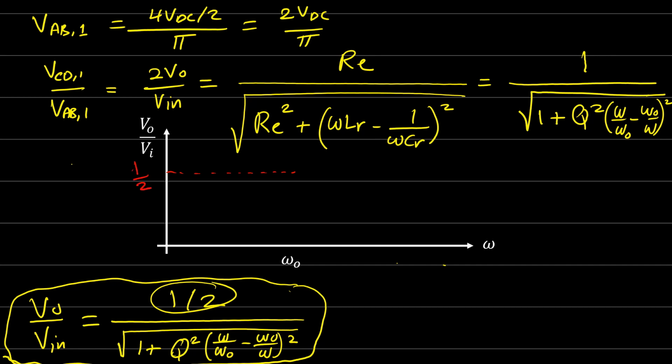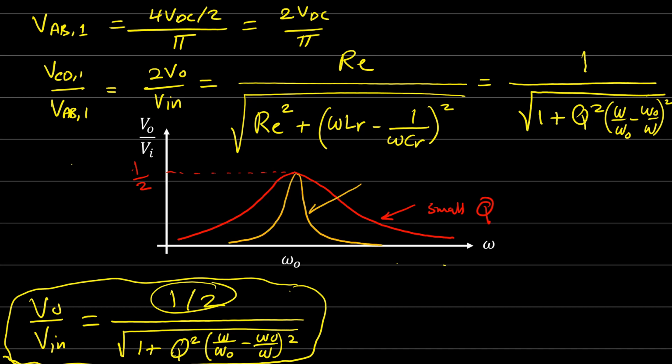And again, the expectation is similar to the series resonant inverter. Here we have a small Q factor, and here we have a large Q factor, and a few values in between them. And here, of course, the resonant frequency, omega naught.